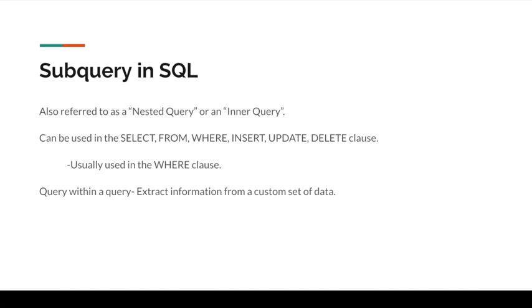That's a common place that subqueries are used because you're selecting something from a simplified set of data that you're going to be calling from your subquery. So it's a query within a query to help you extract the information that you want from a custom set of data. It's kind of like two SQL statements smushed together.